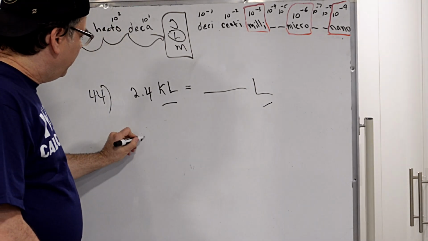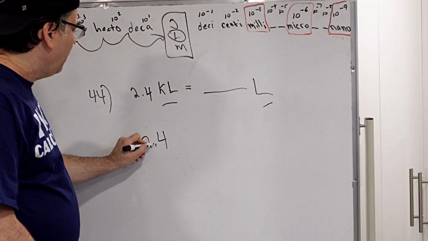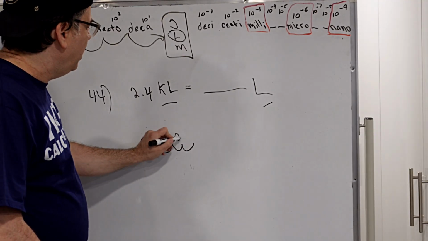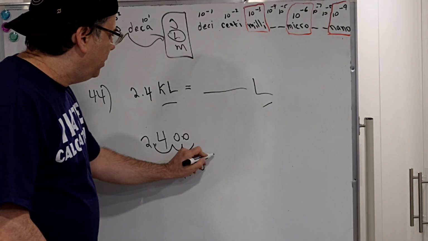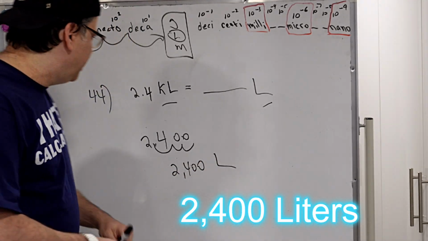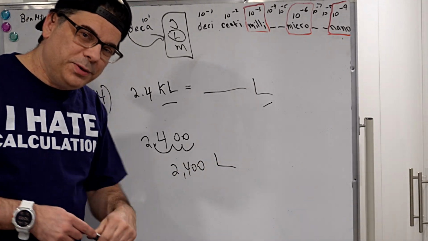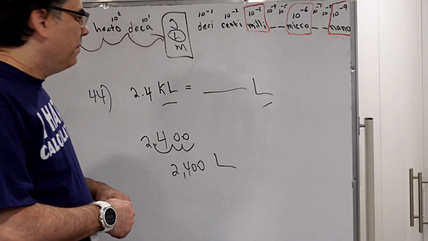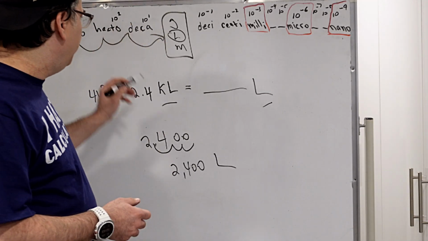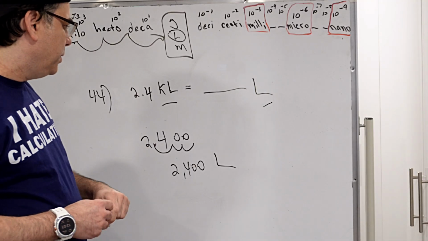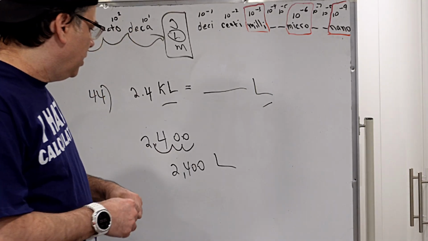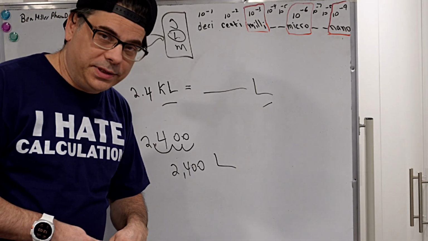So you have 2.4, 1, 2, 3 is 2,400 liters. So 2.4 kiloliters, which I've never seen before, but we can still do the problem because it doesn't matter. You can add any prefix to any base unit. So 3 to the right goes from 2.4 kiloliters to 2,400 liters.